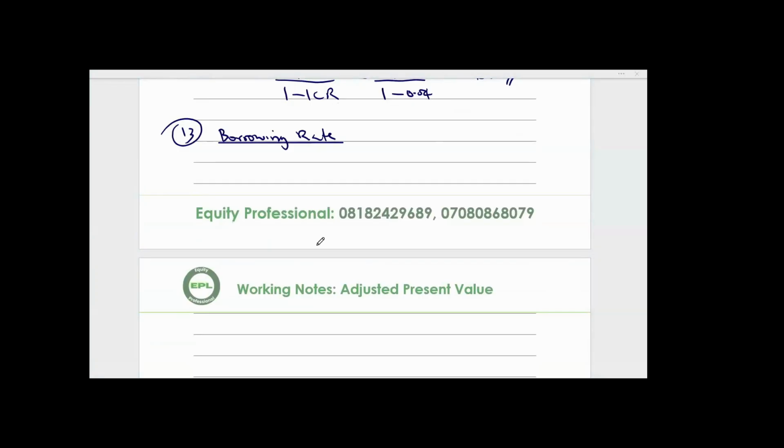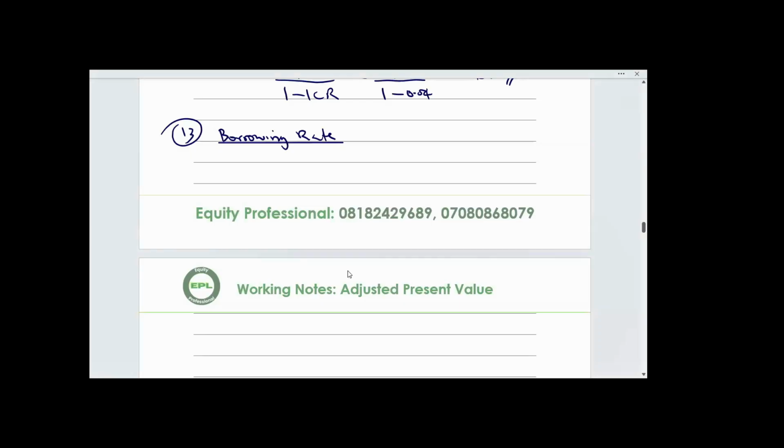In the second paragraph, last statement, the examiner told you that currently, AHE can borrow at 300 basis points above the 5-year government debt yield rate. 300 basis points is the same thing as 3%.